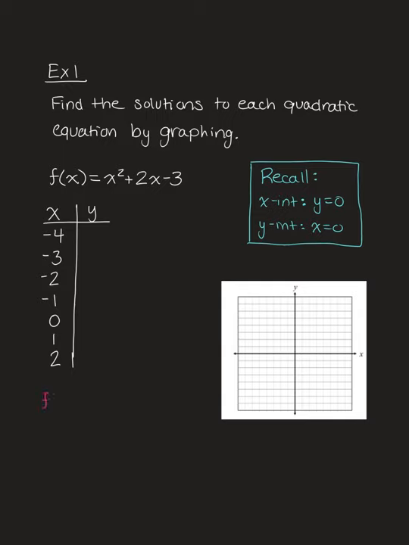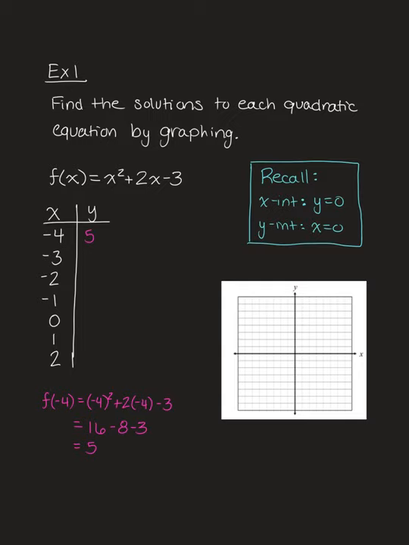If we plug in -4, that's -4 squared, plus 2 times -4, minus 3. -4 squared is positive 16, minus 8, minus 3, and that will give you 5. So when x is -4, you get 5.